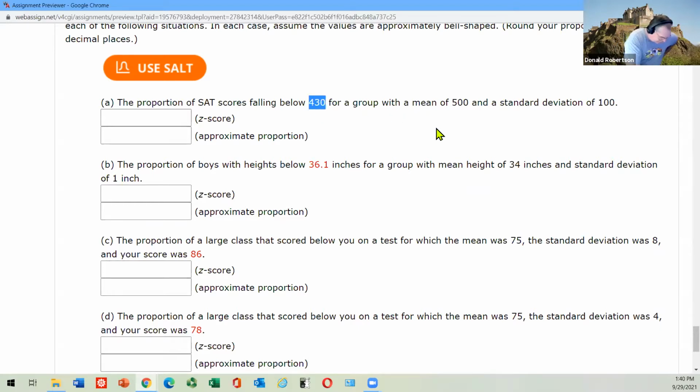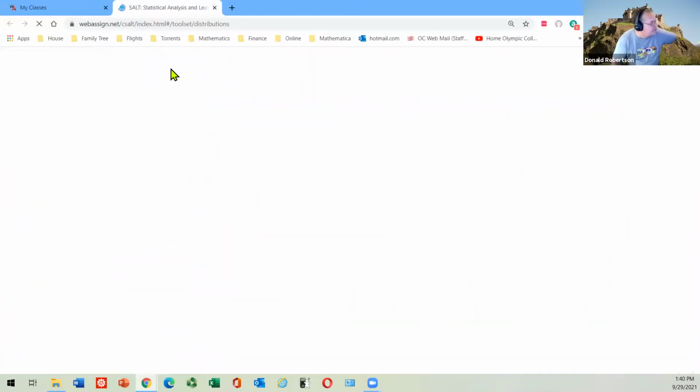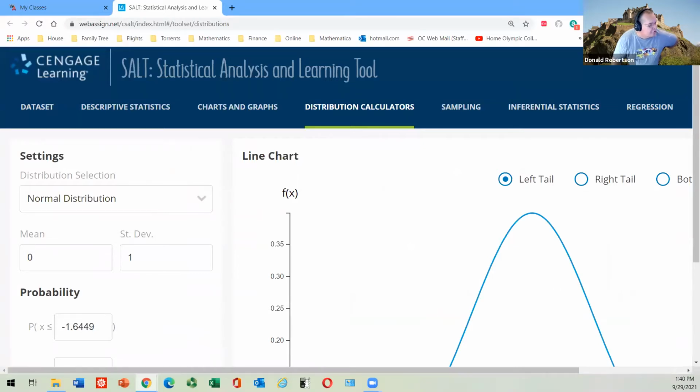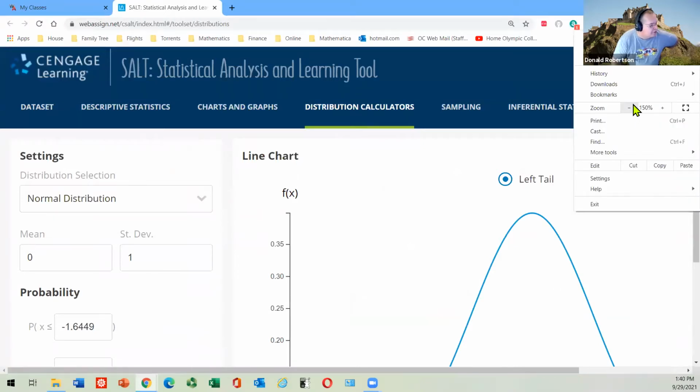Right, so I'll write that down. We want to be below, that's less than 430. Okay, that's good. The mean is 500, right? Oh, let's do my numbers. Why do I need to use this? I'll click on this. Right, I'm going to shrink this guy down a little bit so you can see it.